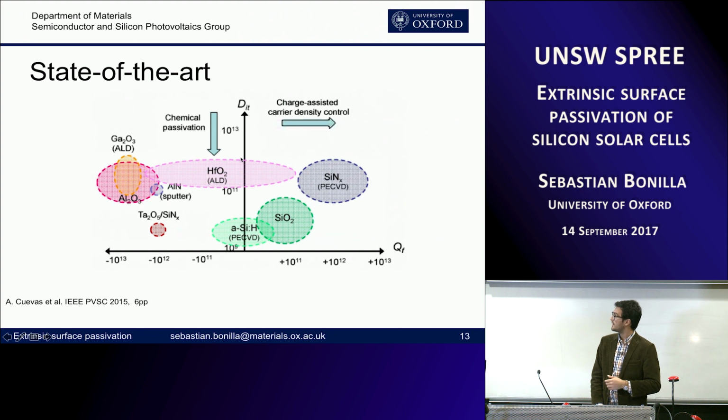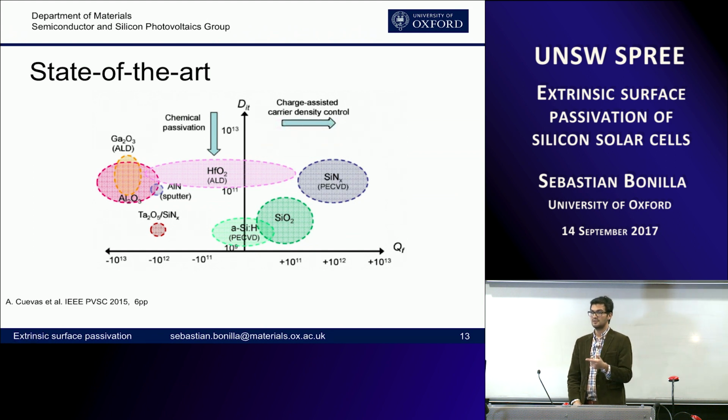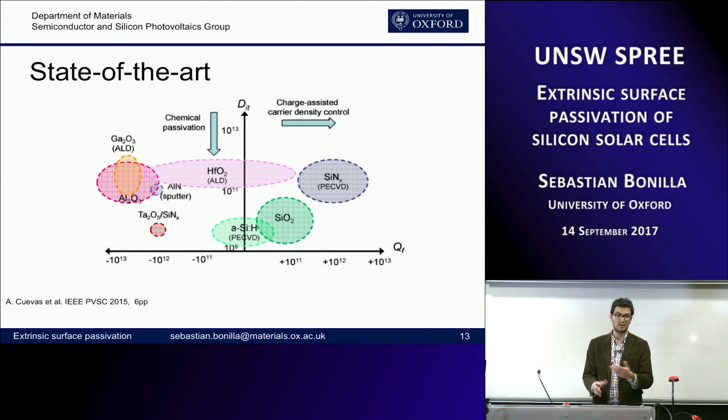The other thing is that these arrows here describe how to get better surface passivation. And the key thing that extrinsic methods allow you to do is take all of those curves, all of those circles of where the passivation lies after deposition, so all of the intrinsic terms, and move them to whatever you want.